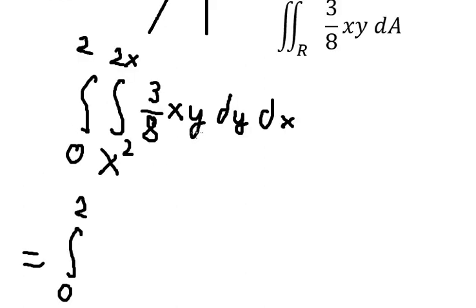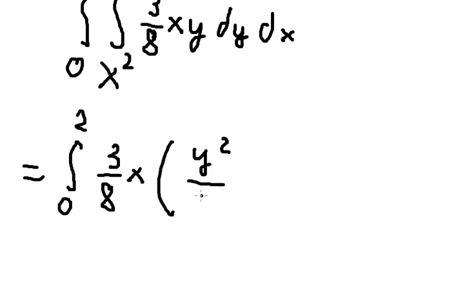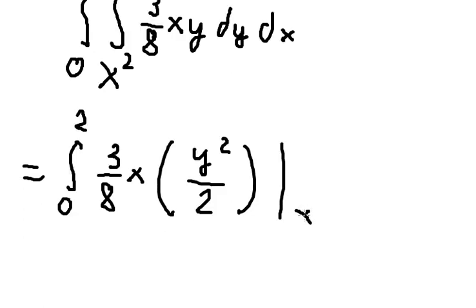The integration of y is y squared over 2. And I will put the bounds from x squared to 2x. Now I will put in 2x and x squared here.